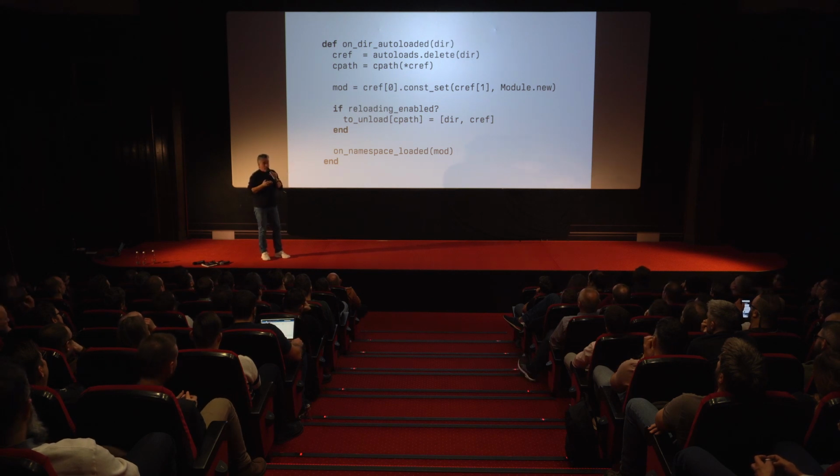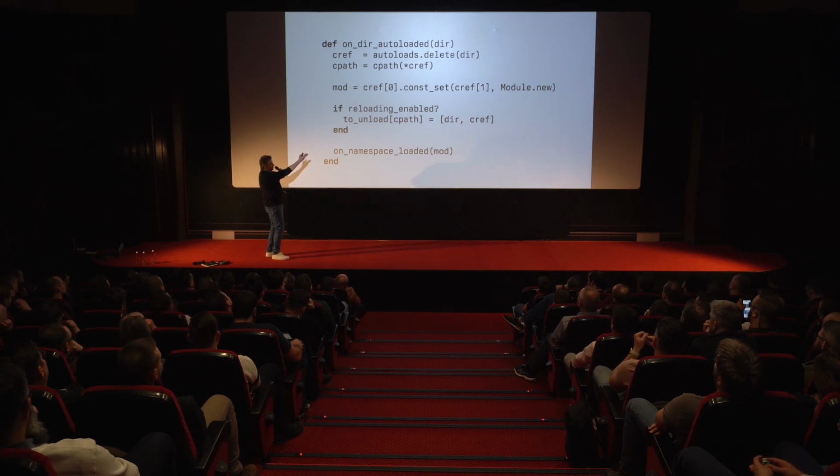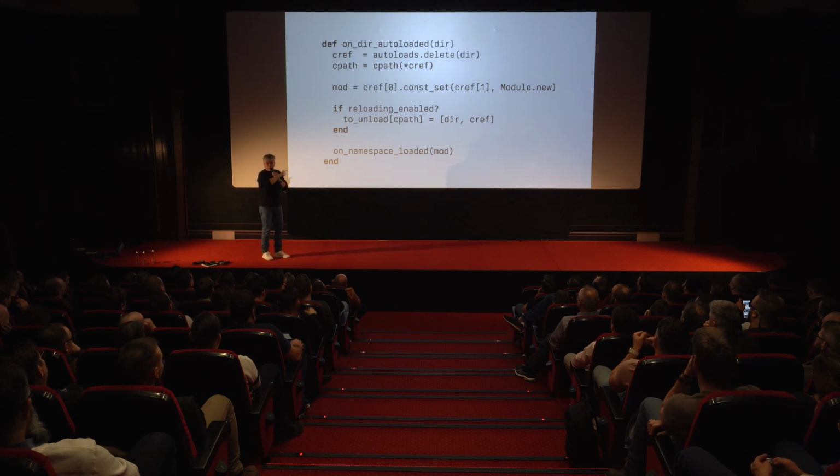So as you know, in the admin namespace, we do not need to write admin.rb. If there is no admin.rb, the loader on the fly defines a module for you. This is the spot where this happens. We instantiate a module object and we say, okay, in this constant, for this namespace, cref1, cref0, we define on the fly the module right there. This is the way it's done, okay?